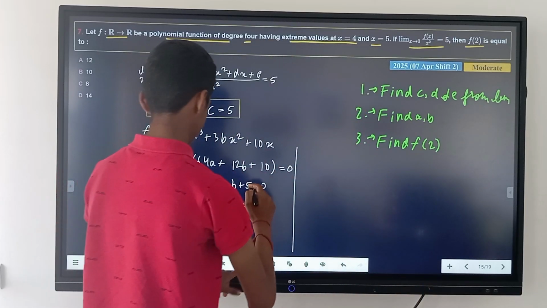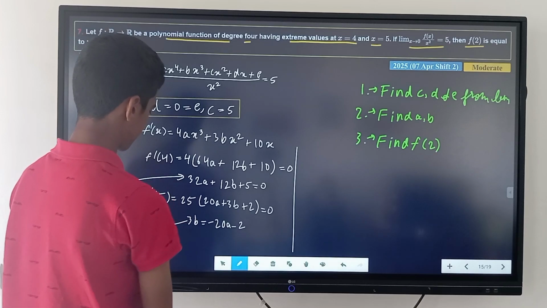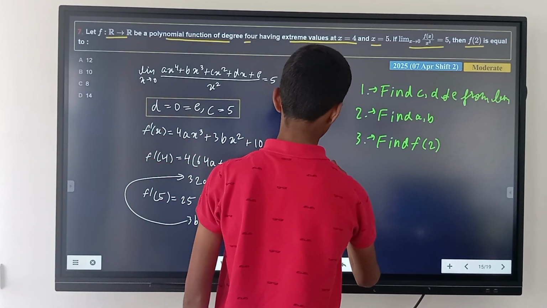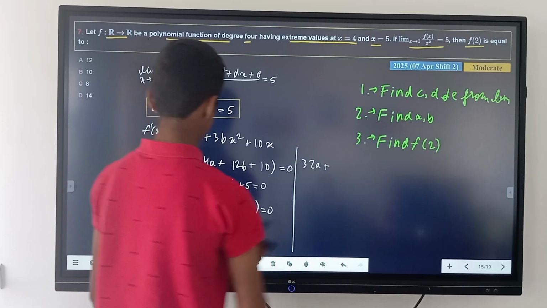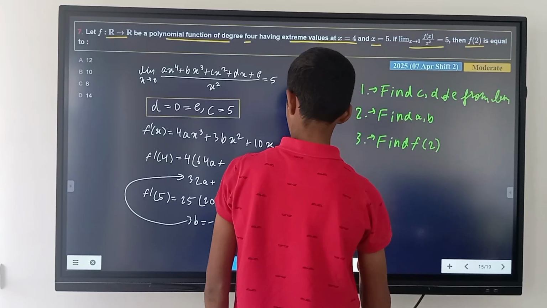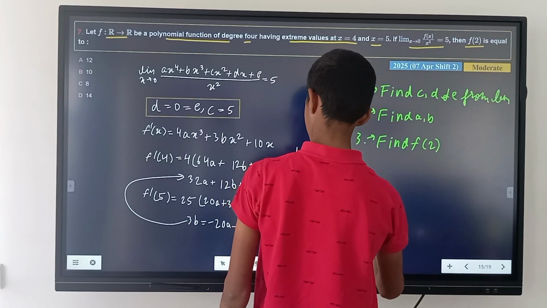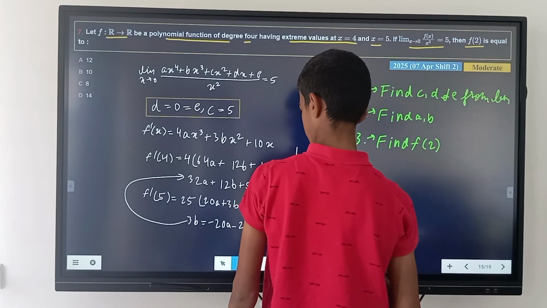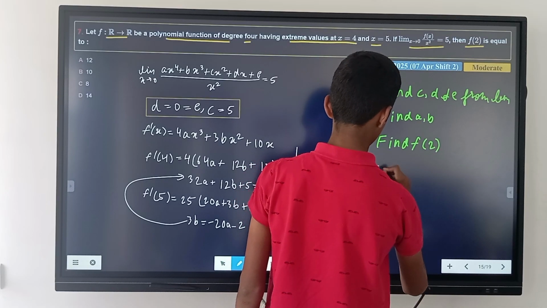So from here we will get 32a plus 12 is 4 minus 80a. 12 upon 3 is 4, so minus 80a minus 8 plus 5 is equal to 0.